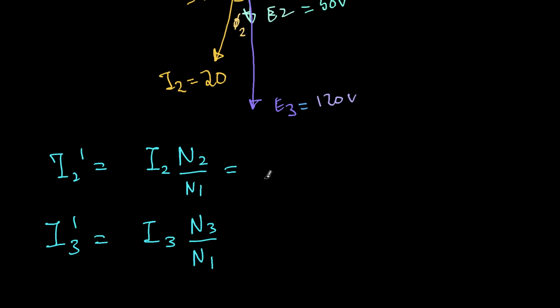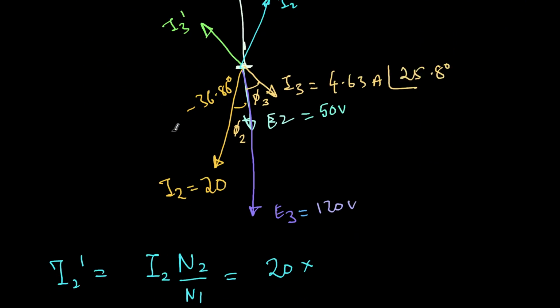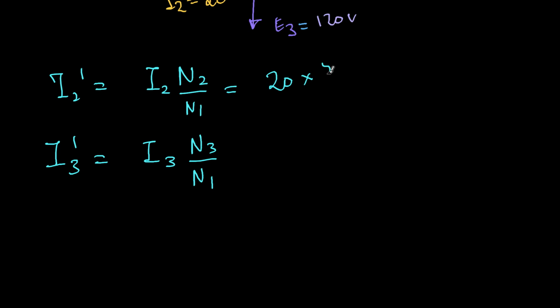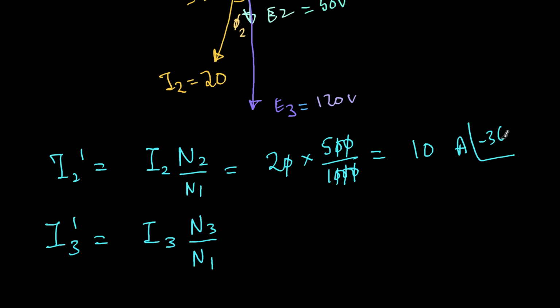So what is I2? 20, and what is N2? If I refer back, N2 is 500 and N1 is 1000. So the zeros will cancel out, and 5 into 2 is 10 amperes. The angle will be the same, but now it is with respect to V1, minus 36.86 with respect to V1.